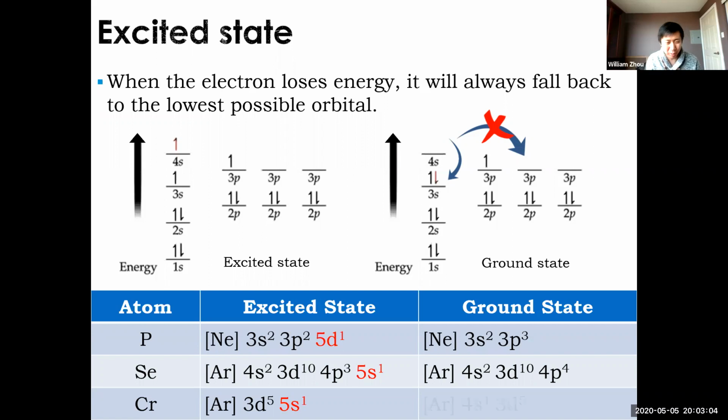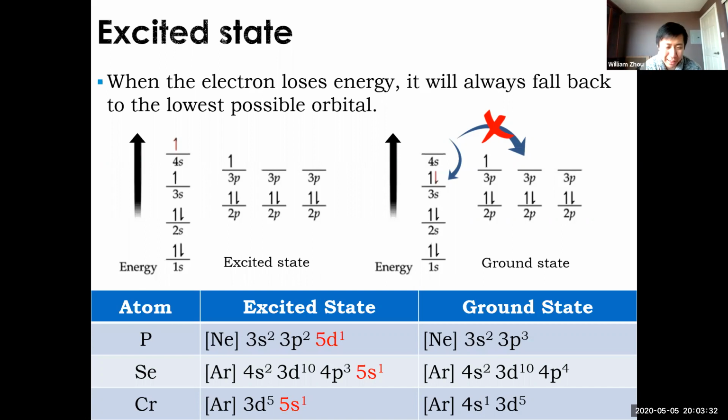That's a tricky question because it doesn't actually say 4s in the question. A lot of people are tempted to write 3d6 because they see a 3d5 and think, that's not full, let me just put an electron in there. In fact, there is actually an empty 4s orbital available. Now, you drop to the 4s, not the 3d, because 4s1, 3d5 is the most stable configuration.